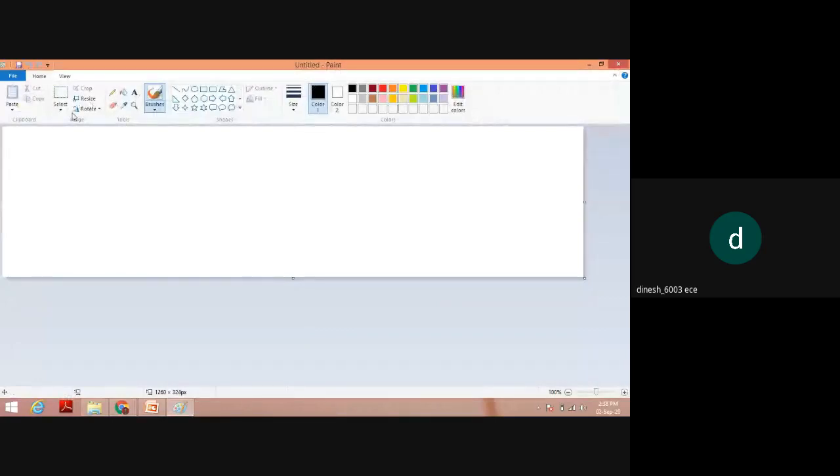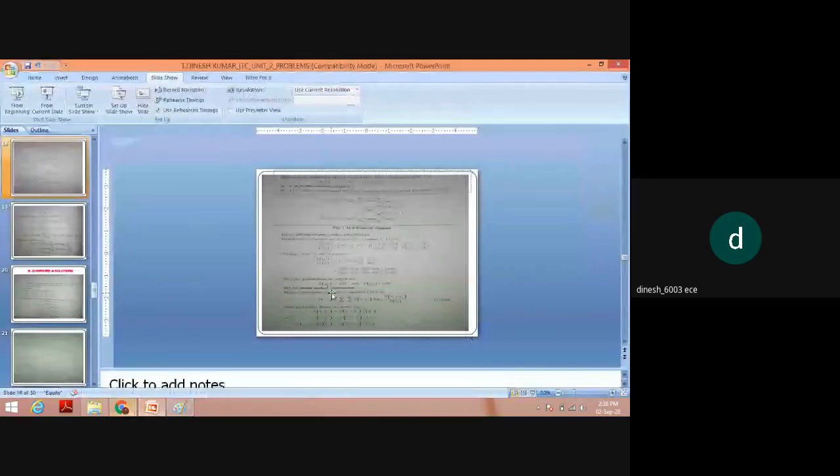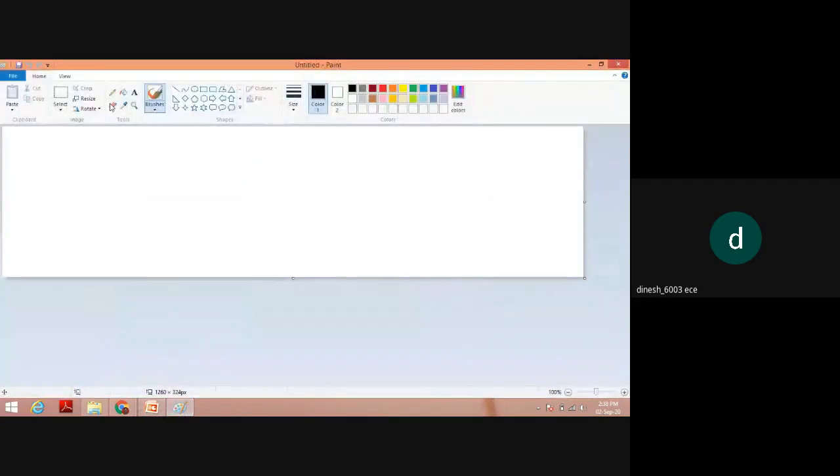So how to draw? We have two inputs, P of x1, P of x2.